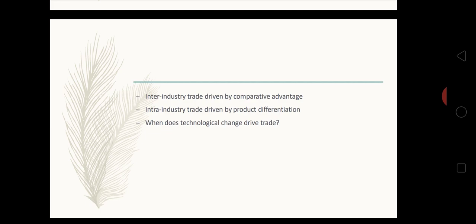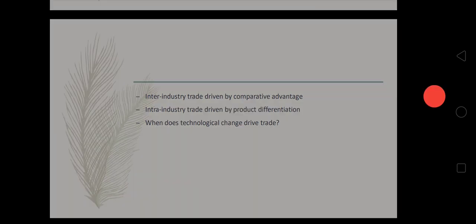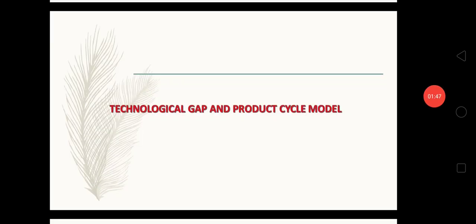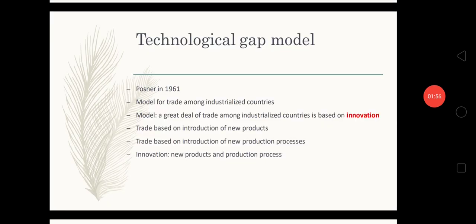So when does technological change drive international trade? As I said, we have the technological gap model and the product cycle model of international trade. The technological gap model was put forward by Richard Posner, an American economist, in 1961.